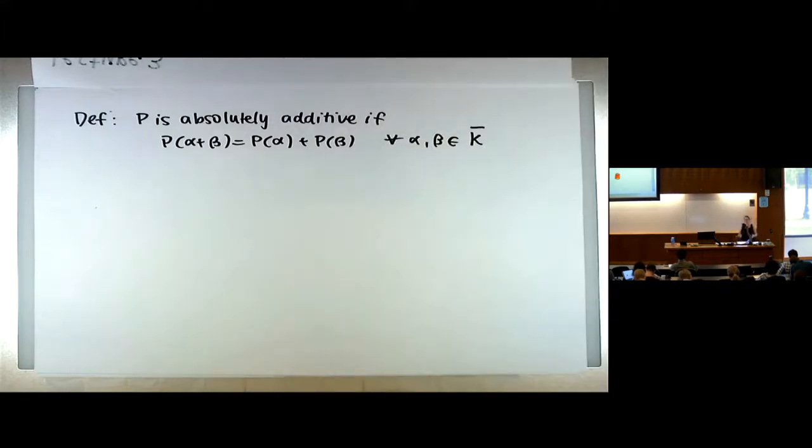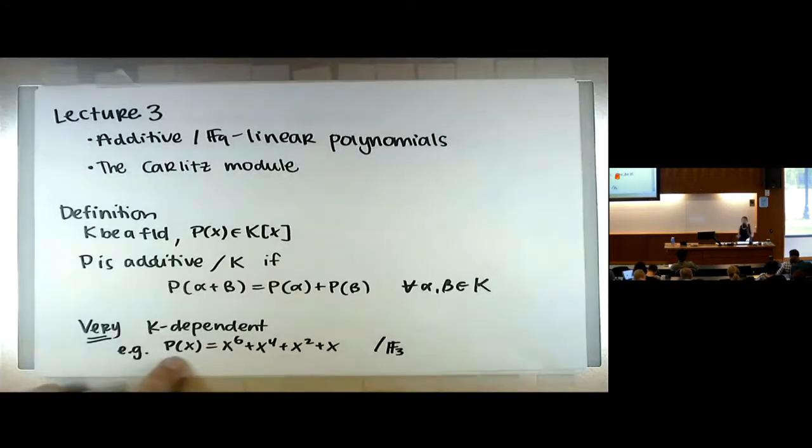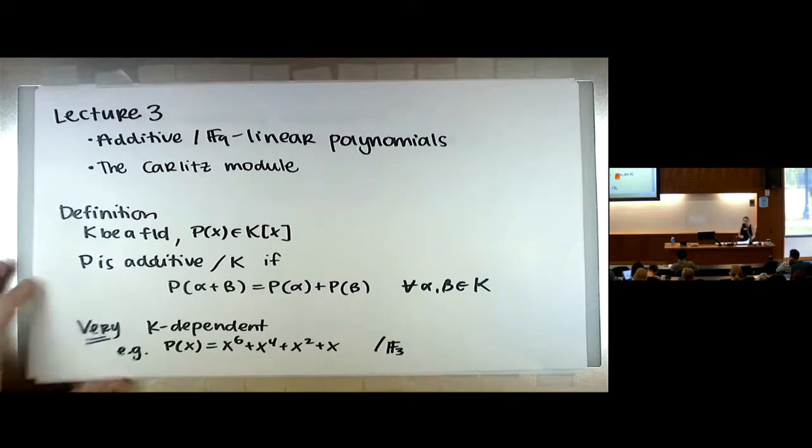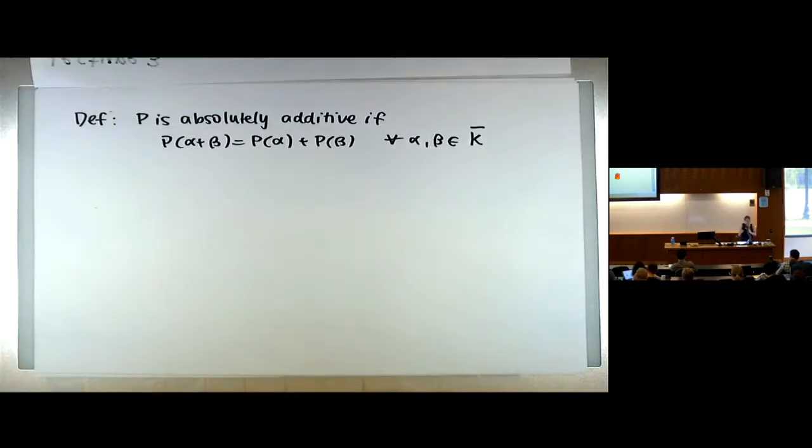And that's always infinite, so that kind of takes away some of those tricks that made that previous polynomial work. So this polynomial here would not be absolutely additive over the algebraic closure of F3. This doesn't work anymore. So finite fields, by being finite, they kind of cute their way into stuff, but it's not really true.